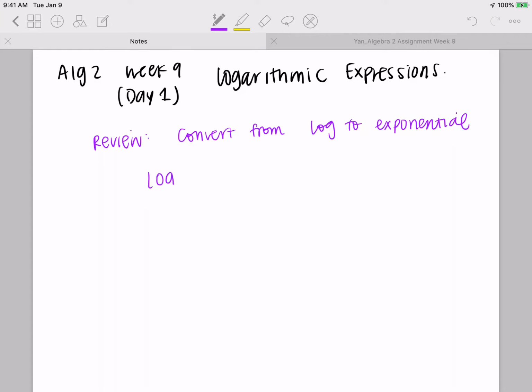Okay, if you have log with a little 4 as the base of n equals 2, in order for us to convert this, to get rid of the log, we start off with the base 4 as a big number, and then we take the number on the opposite side, the exponent, and write it up here, equals n. So that's all we have learned last week, how to convert it.